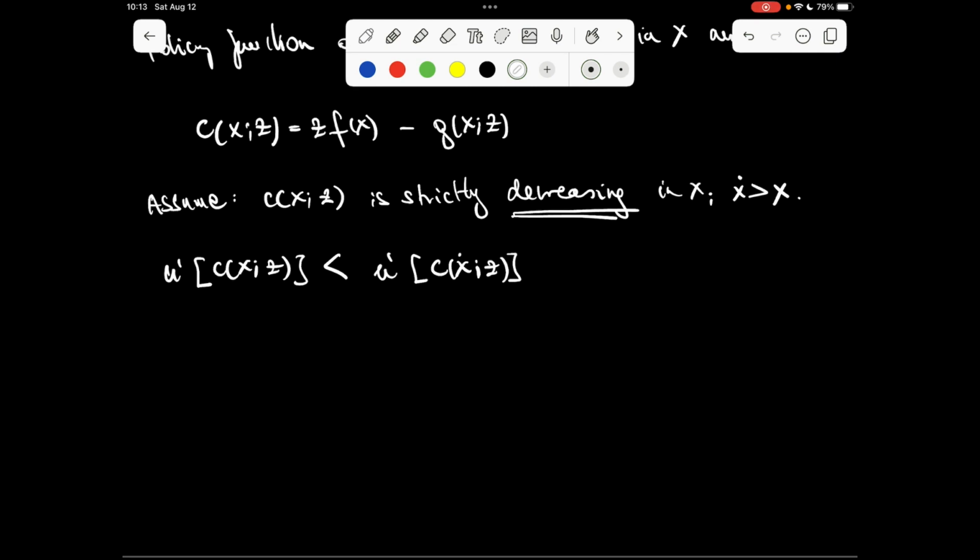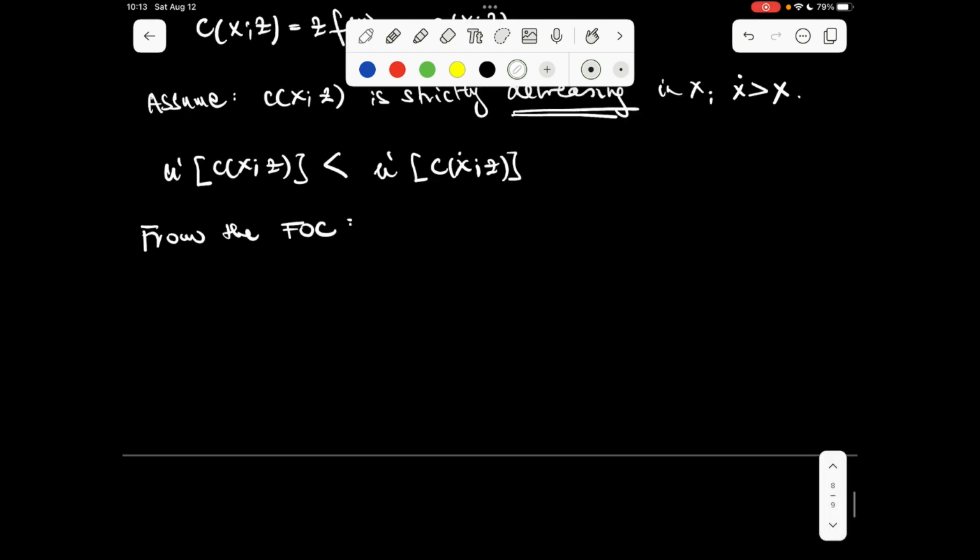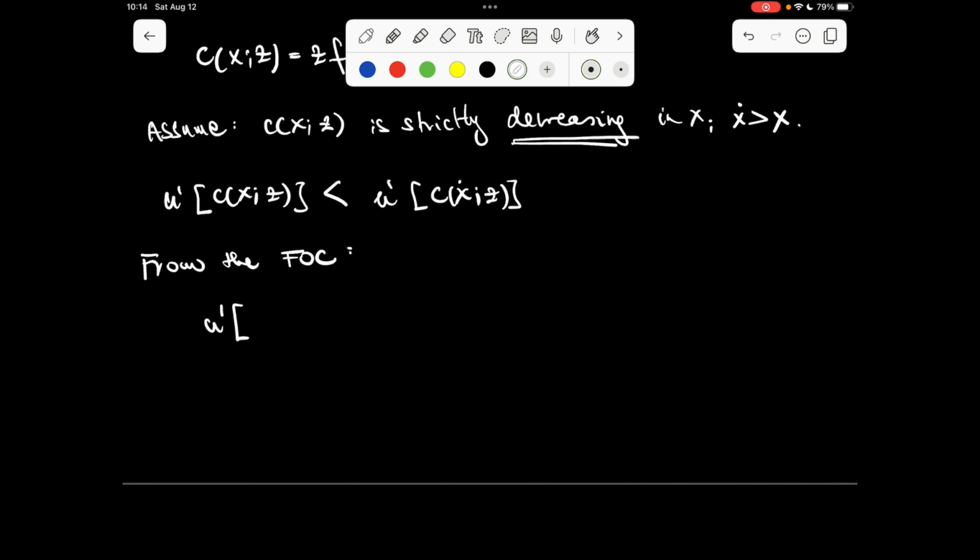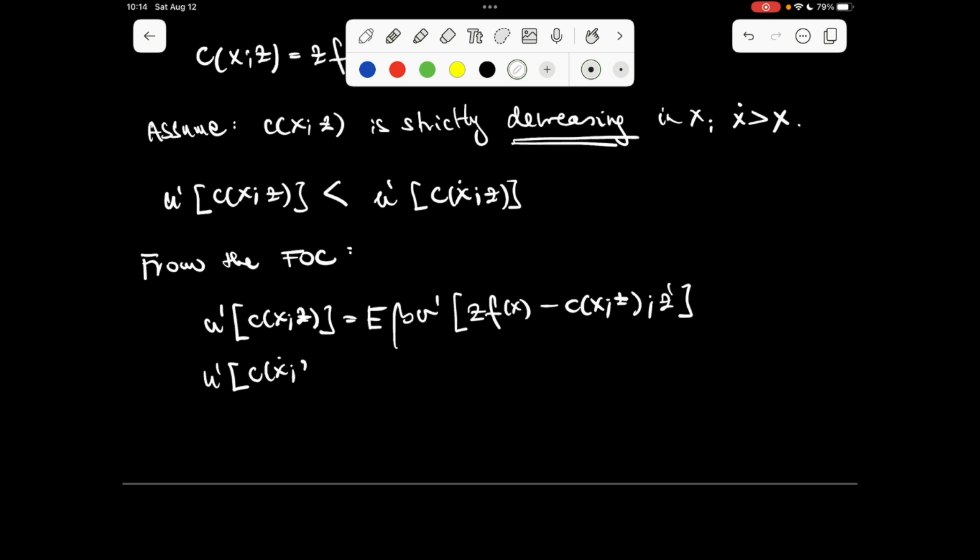We have this relation, and from the first order condition, it follows that marginal utility is equal to the expected value function at x, and it also holds.